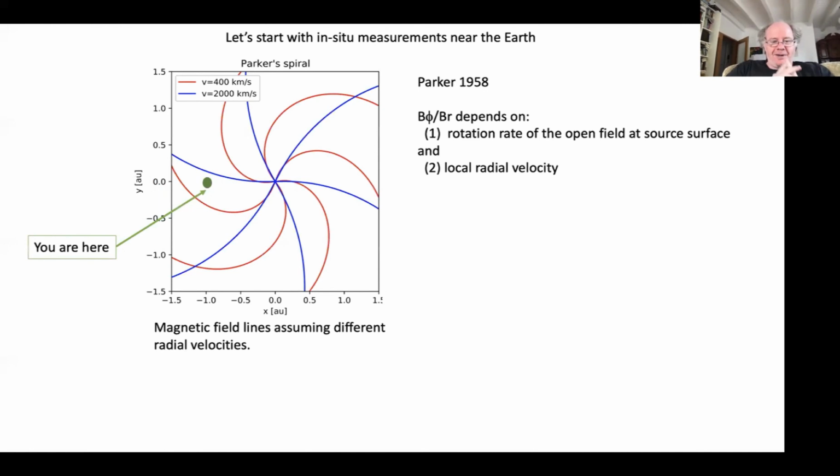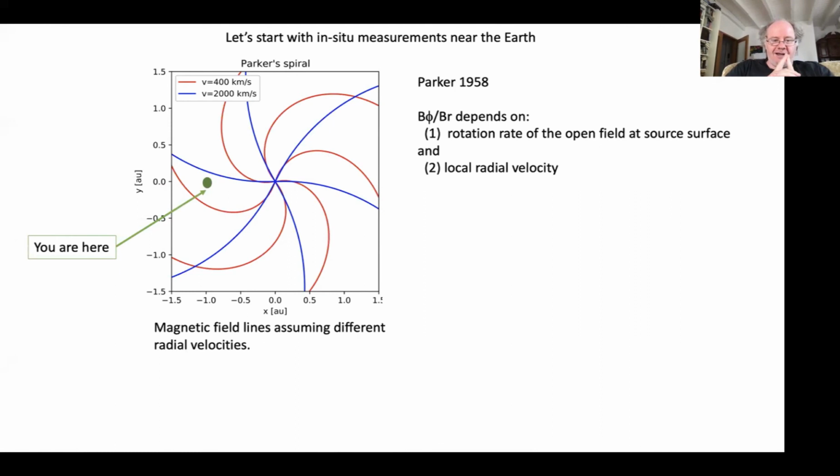If we're talking about in-situ measurements, then we're not talking about measurements inside the sun, unfortunately. We're talking, in this case, about measurements more or less out at 1 AU, but some way around from the sun. At this distance, the magnetic field coming from the sun is dominated by the Parker spiral.